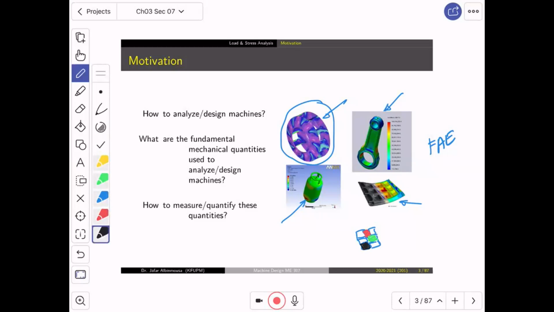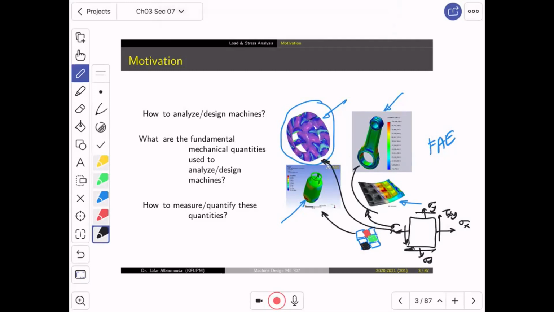Now, if you recall from CE 203, you have seen something like this, an element with sigma x, and sigma y, and then tau xy.